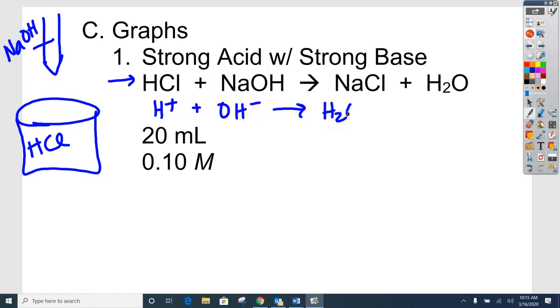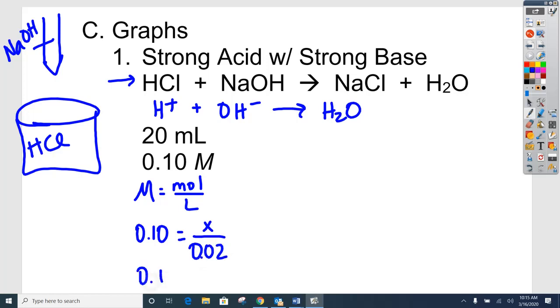Those of you who are good with solubility rules can look at this and see my net ionic reaction will be such. I can use the equation molarity is equal to moles over liters to determine how many moles of hydrogen ions are going to be in this beaker. If I apply 0.1 is equal to X moles over 0.02 liters, that's going to give me 0.002 moles of hydrogen ions.